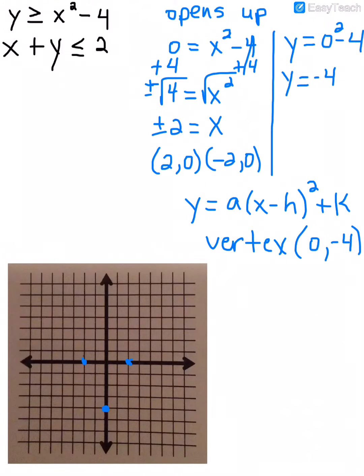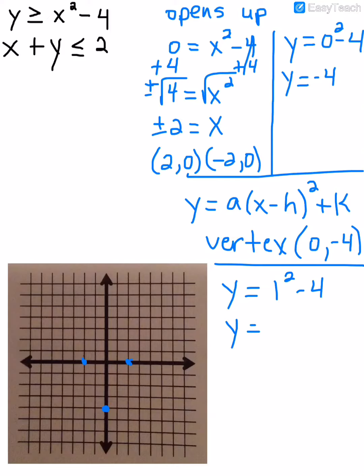So if I plug in 1 into my inequality for x, that gives me y, again I'm changing it to an equation, y is equal to 1 squared minus 4. 1 squared is 1, and 1 minus 4 is -3. So I plugged in 1 for x and I got out -3 for y.